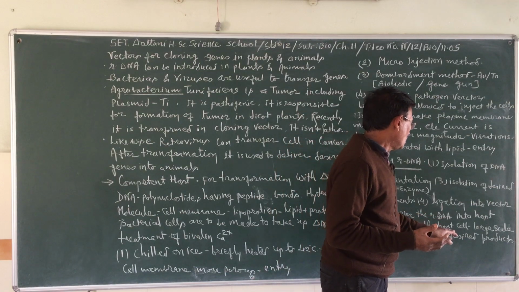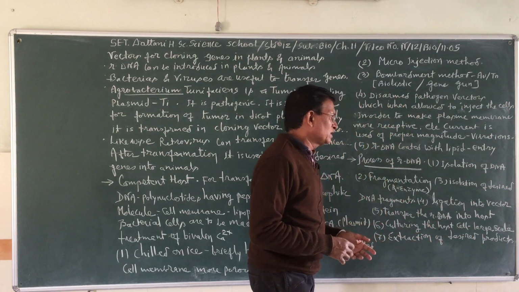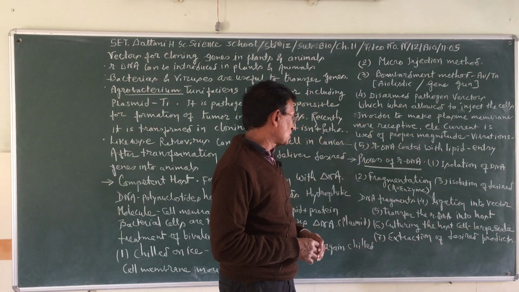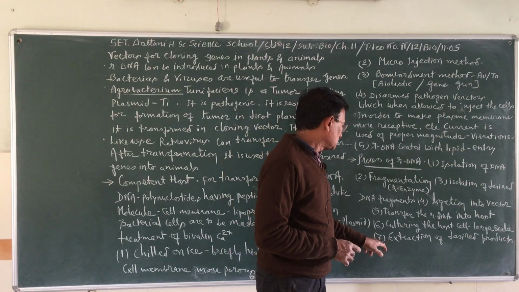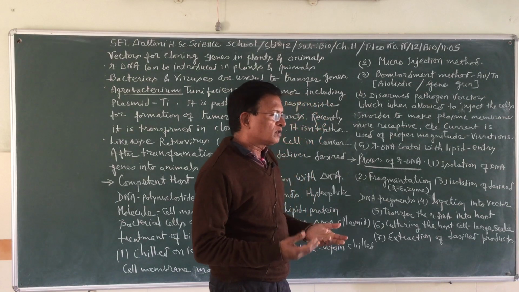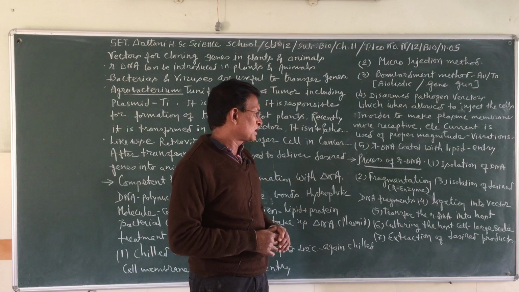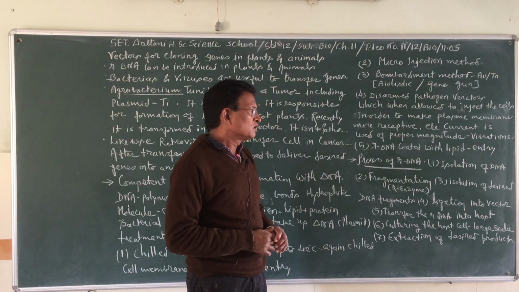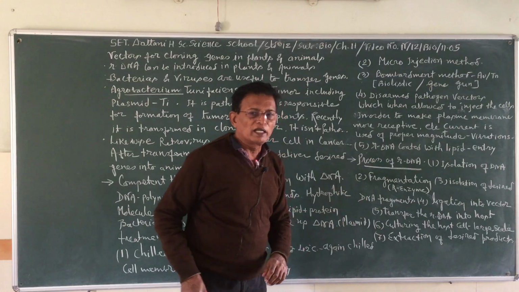So it should be cultured on a large scale. That is, more than one cell is to be produced from the host. And the seventh one is the extraction of the desired products. The last one is that the product which is wished, which is desired by us, can be obtained. So these are the steps of the rDNA process.